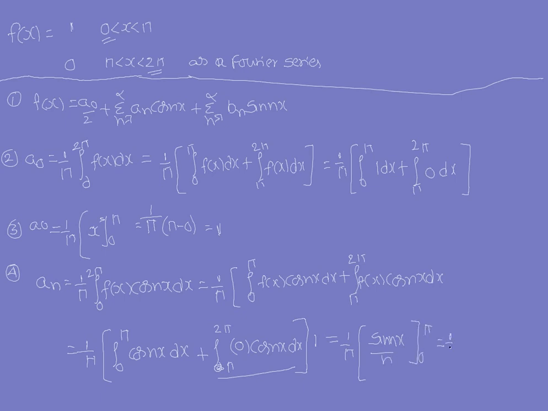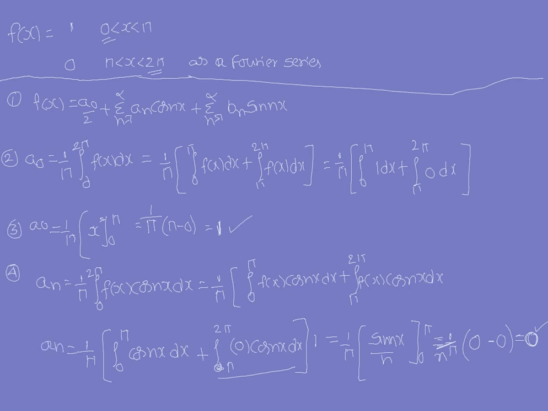So that is equal to (1/π)(1/n) times, now you substitute the upper limit π: sin nπ is 0, minus sin 0 is 0. So an value, how much are you going to get? an is equal to 0. So a0 is equal to 1, an is equal to 0.